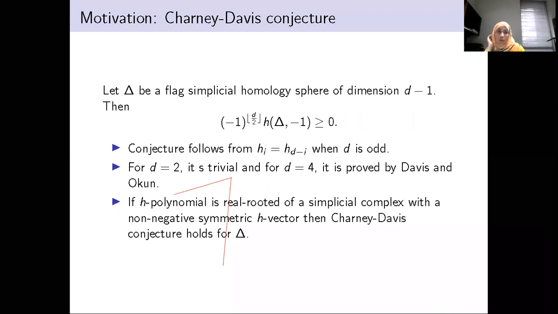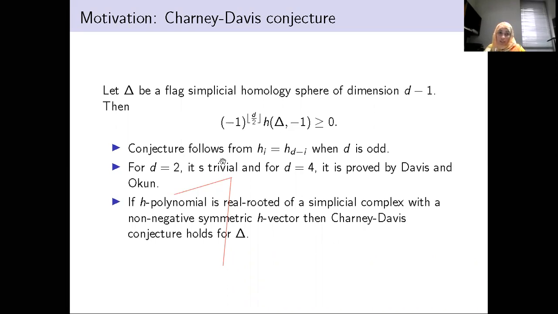Another motivation is the Charney-Davis conjecture, which comes from a more general theory. But here I have just translated the Charney-Davis conjecture for simplicial complexes. If you have a flag simplicial homological sphere of dimension d minus 1, then you have this relation for the h-polynomial. This means that the alternating sum of the h vector times this number is always positive.